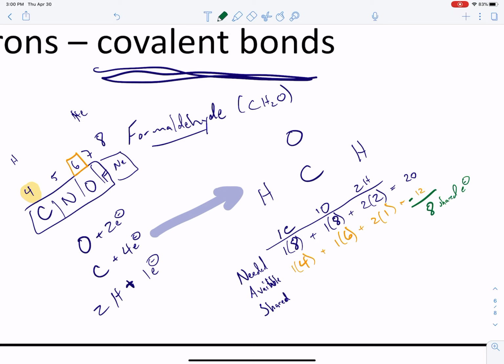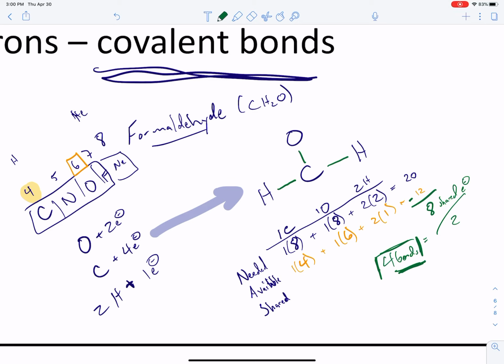So if you take these 8 shared electrons and divide by 2, that's going to equal 4 bonds. So how do I set up 4 bonds whenever I only have 3 things? Well, it's fairly straightforward. You put 1 bond here, and 1 bond here, and 1 bond here.